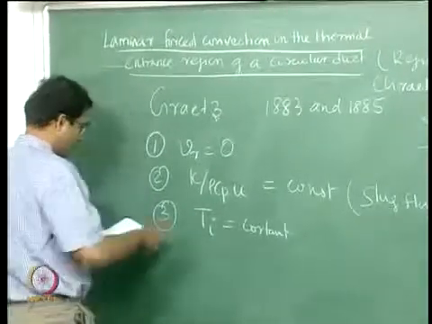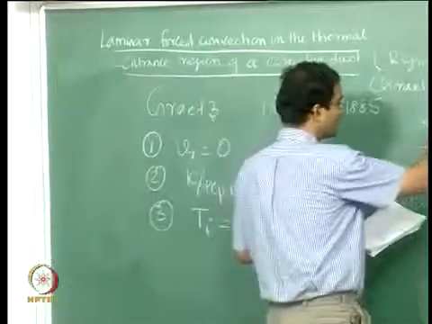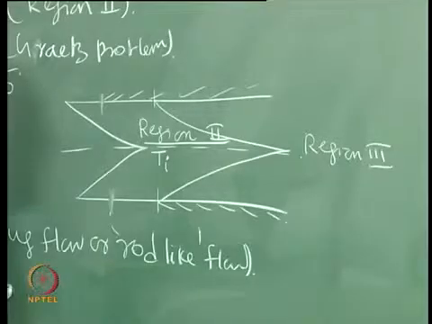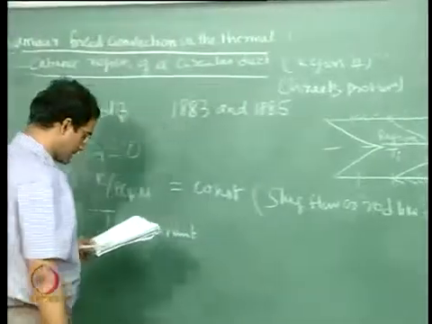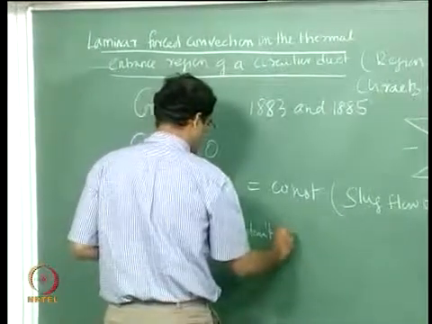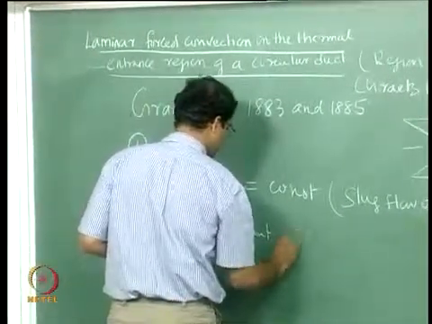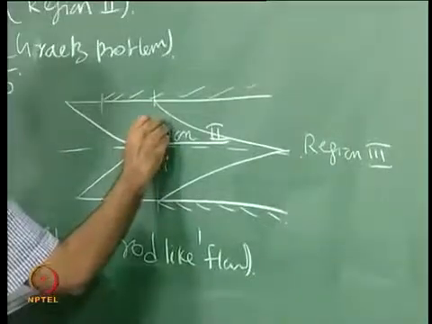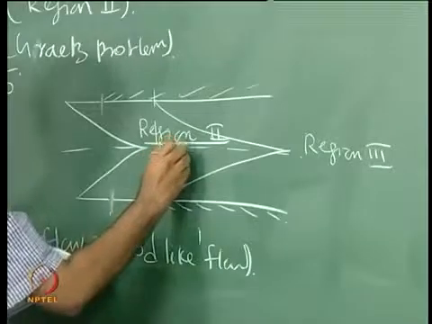So this is your assumption that at the inlet, everywhere where you start the growth of the thermal boundary layer, your inlet temperature is uniform, it is constant, and this is for x equal to 0. So now your coordinate starts from a point where you start the thermal boundary layer growth.